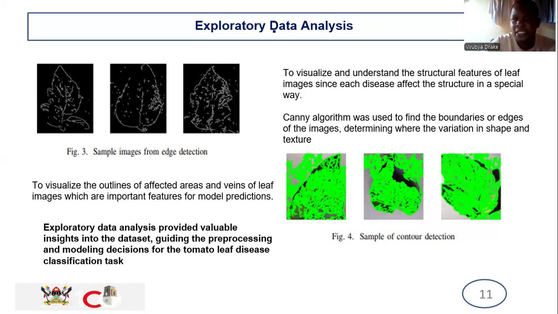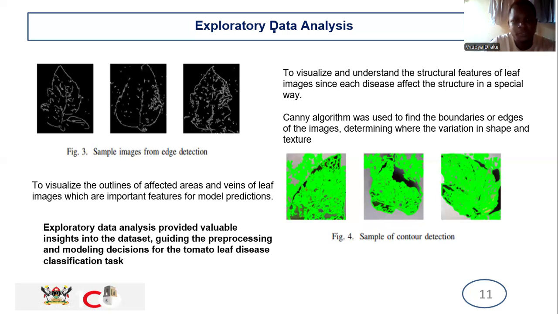Then we used the Canny algorithm to find the boundaries or edges of the images, determining where the variation in shape and texture was, because this is an important feature in differentiating between different leaf diseases and between healthy and unhealthy leaves. Then under contour detection, we visualized the outlines of affected areas and veins of leaf images, which are important features for prediction.